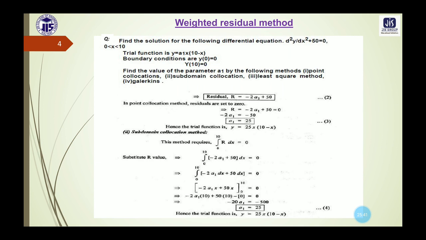Here in this equation we need to put the value of R, that is the residual. We can see the value in the first part of this numerical, equation number 2: R is minus 2a1 plus 50. So if we put this value here, we get integration from 0 to 10 of (minus 2a1 plus 50) dx equals 0. That means the integral of minus 2a1 dx plus 50 dx equals 0.